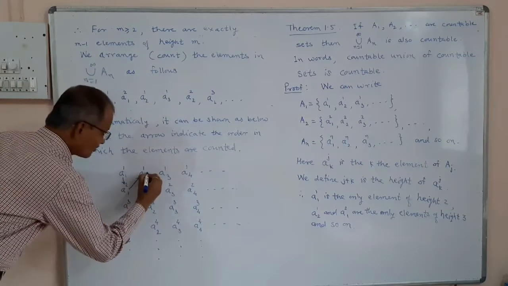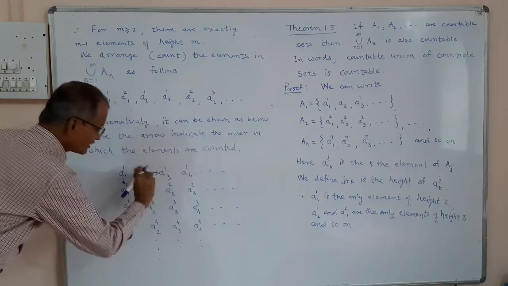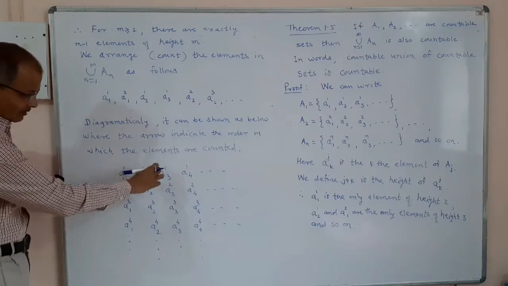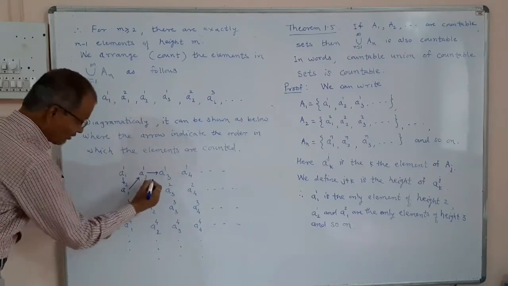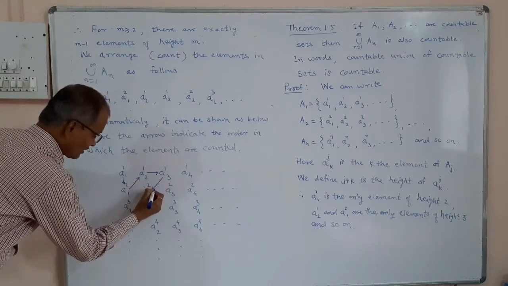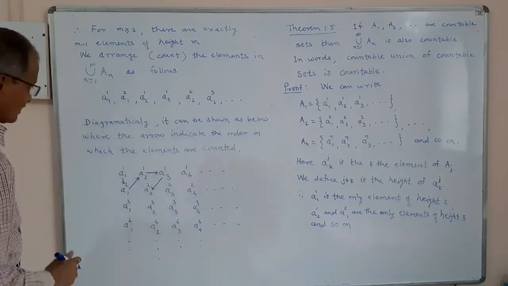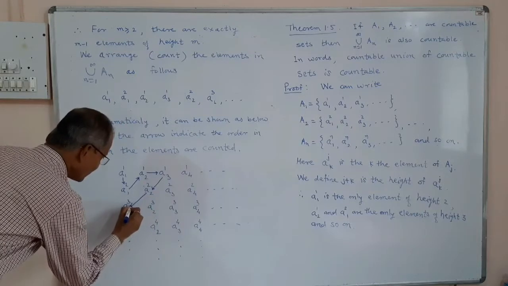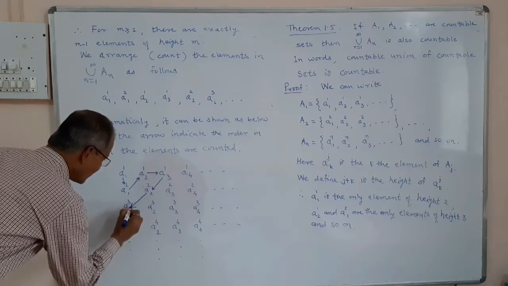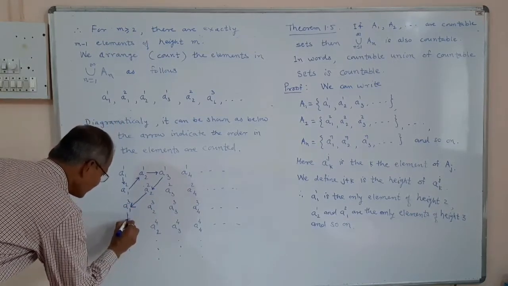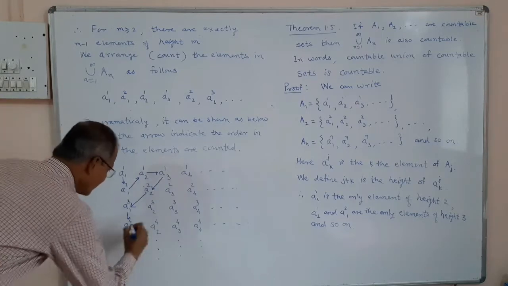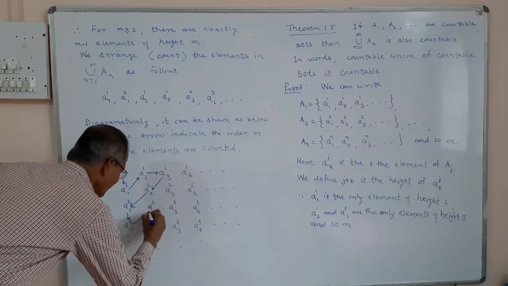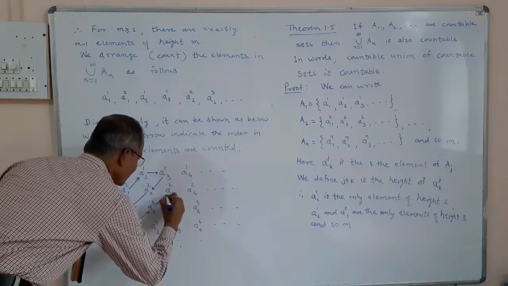Then go to the next element by this direction of arrow, A13, then go diagonally downward, A22, then from A22, A31, and next go downwards, then next go diagonally and so on.